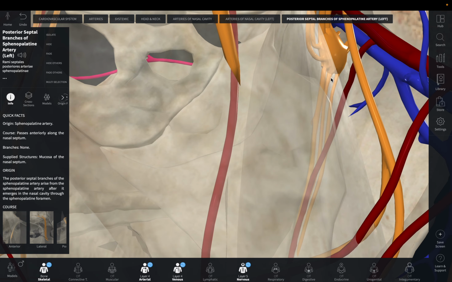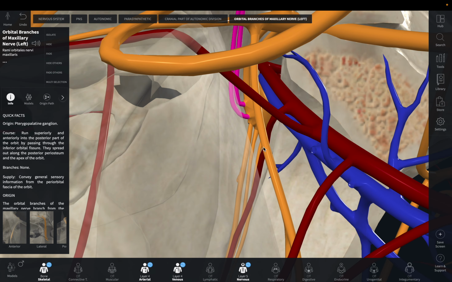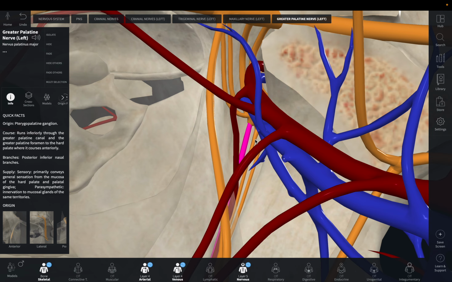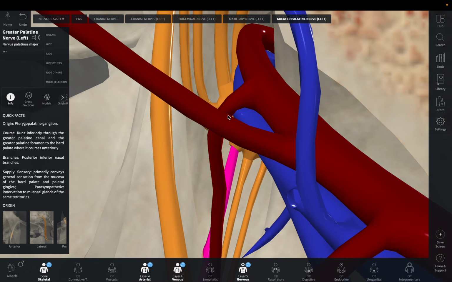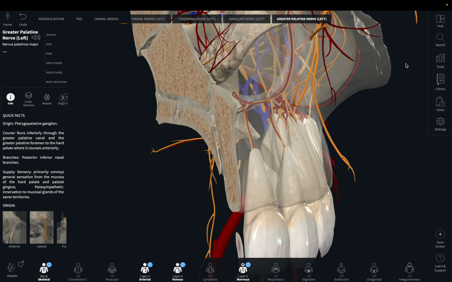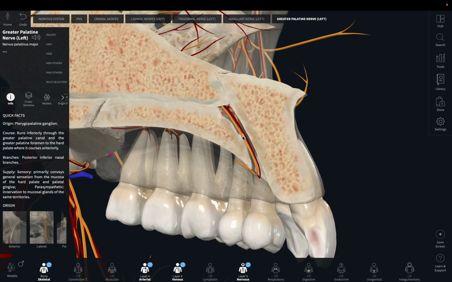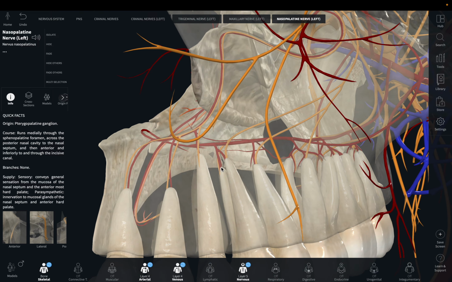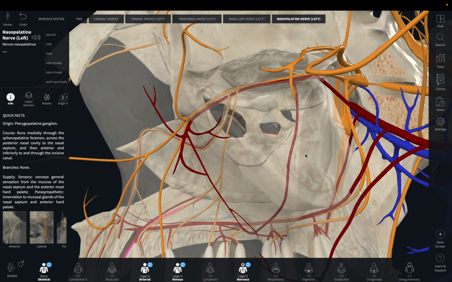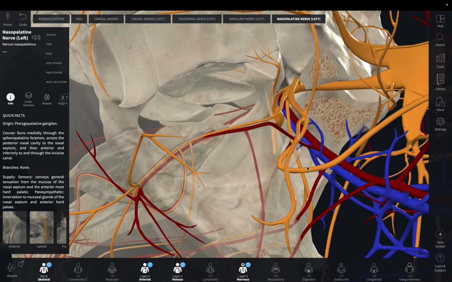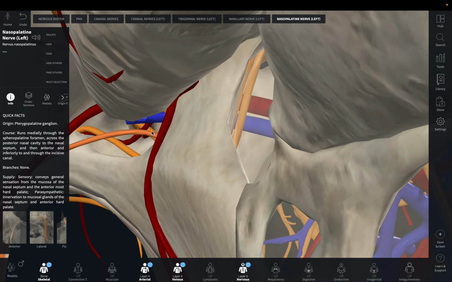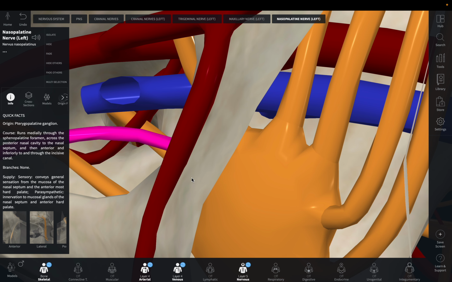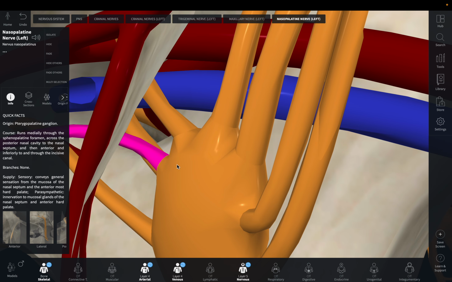The nasopalatine nerve, see if we can find it. Hang on. Might be easier to go through the front. Yeah, so the nasopalatine nerve, you can see it comes off the pterygopalatine ganglion.